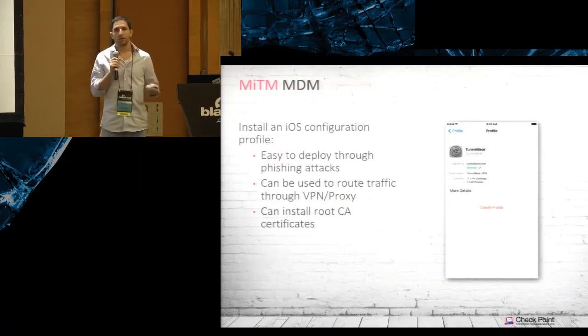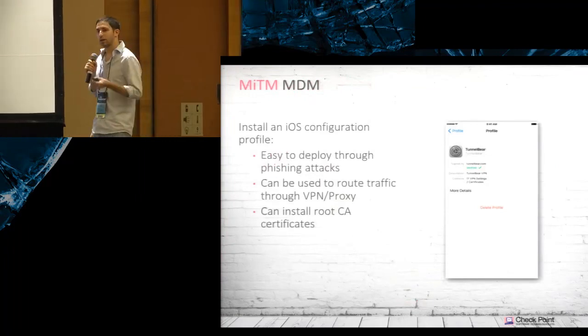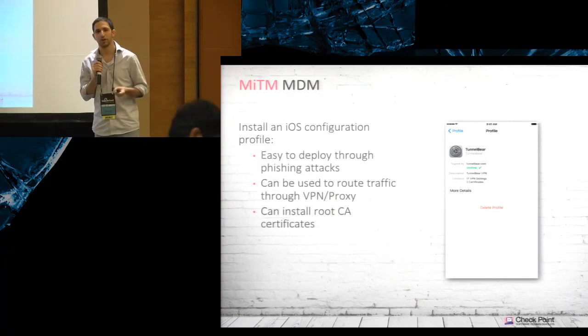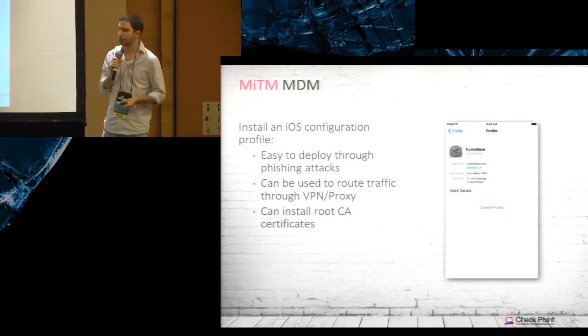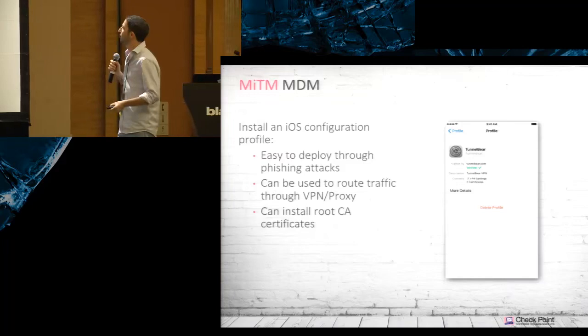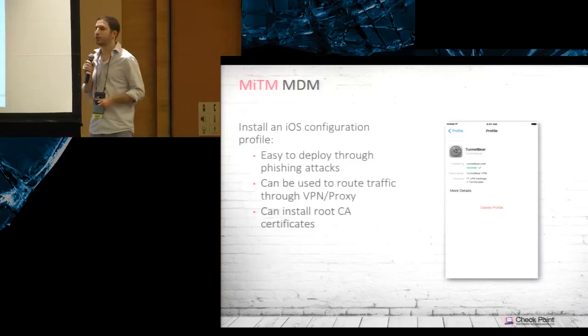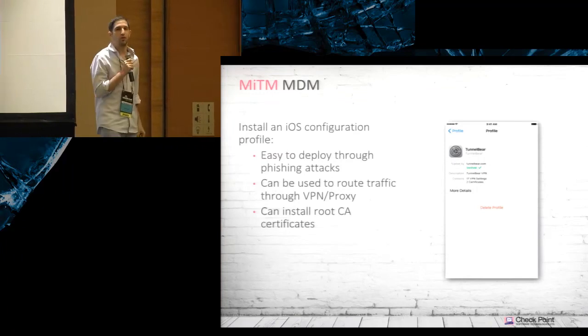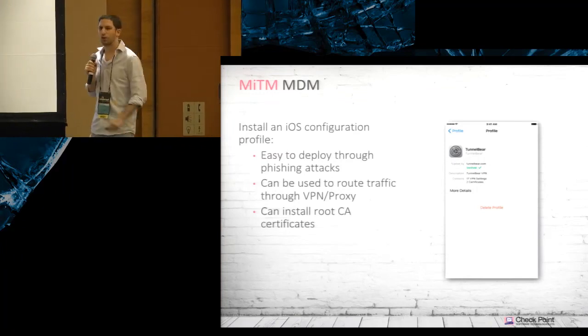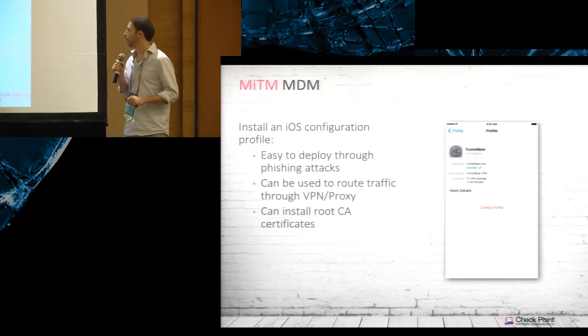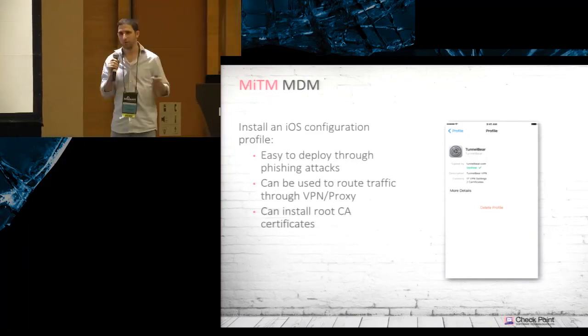So you're probably asking yourselves, how can an attacker initiate a man-in-the-middle attack on the MDM? That's a good question. He can use something called an iOS configuration profile. An iOS configuration profile is basically an XML file which contains various settings.